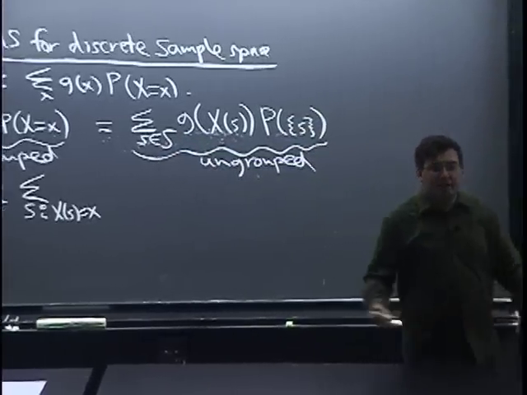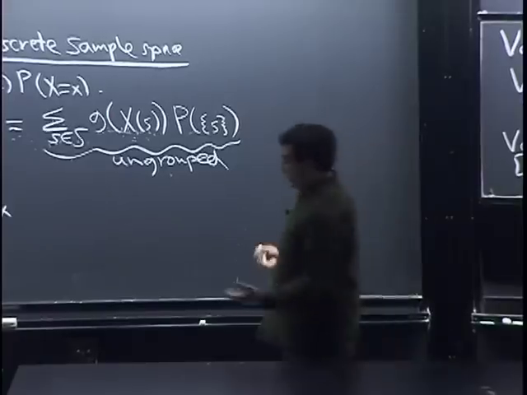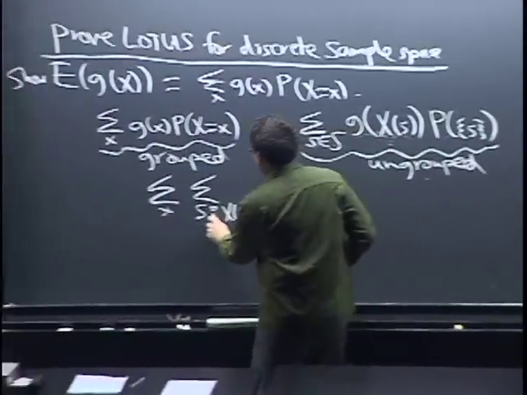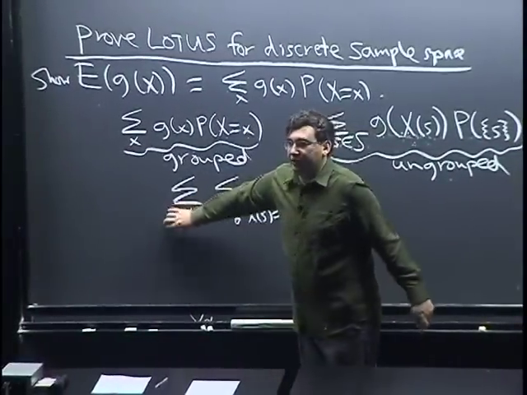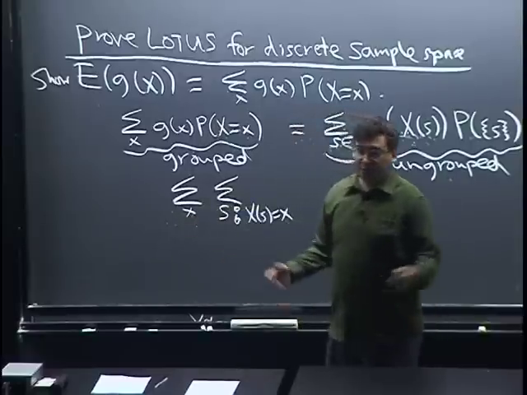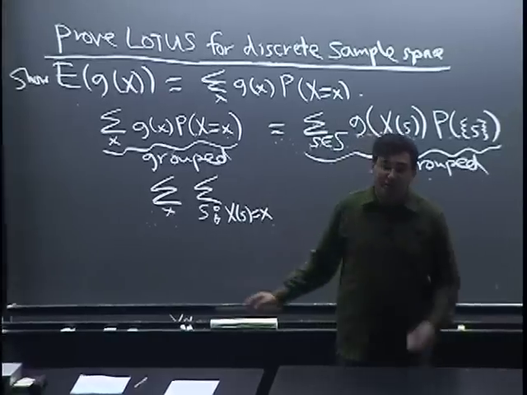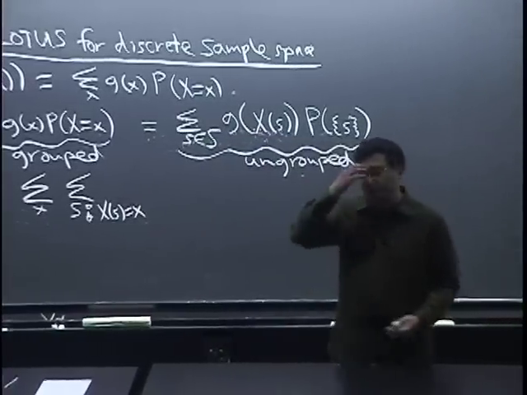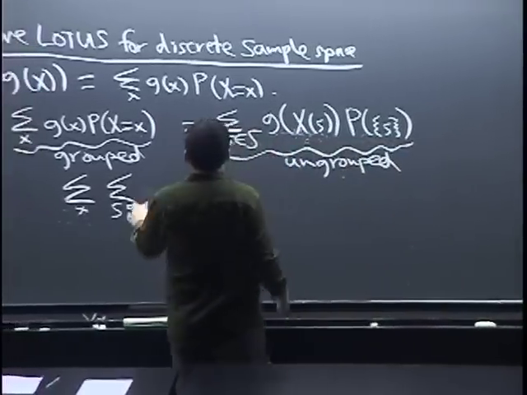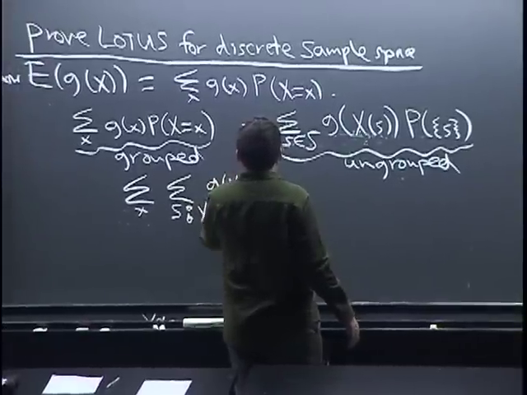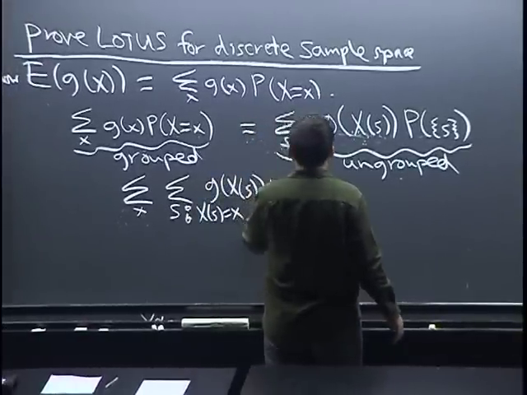We can sum them in any order we want. So I can rearrange them in this particular order where I first sum over the little x values, and then group together and sum over all the pebbles that have that value. It's the exact same thing. I just reordered the terms. So that's g of x of s times p of s.